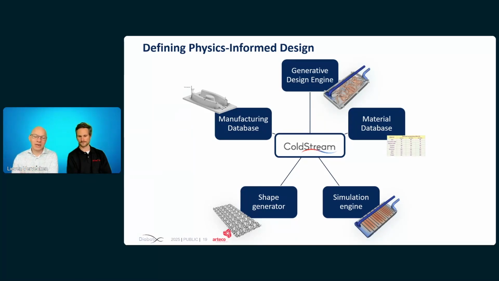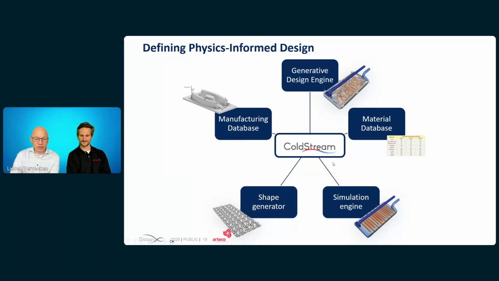The main idea is that we have a self-learning system that learns from the simulation output given a series of designs, and through that learning process, it can control the design process itself. We couple it to manufacturing constraints, so that whatever is designed can also be manufactured in practice. Most importantly, this whole system, especially the simulation engine, can be linked to a material database, which since 2 months also contains some of the coolants of Arteco, so that our users, and yourselves, can select these coolants to see what the impact is on the design.